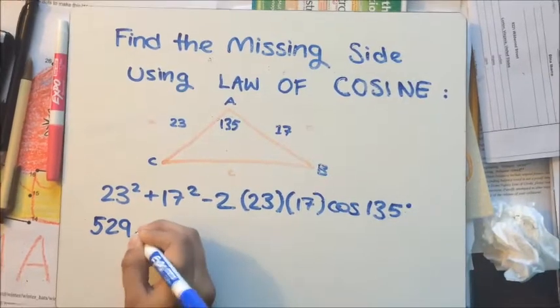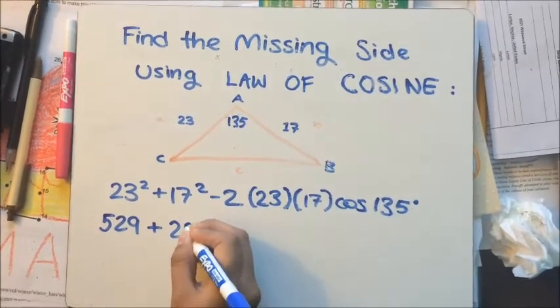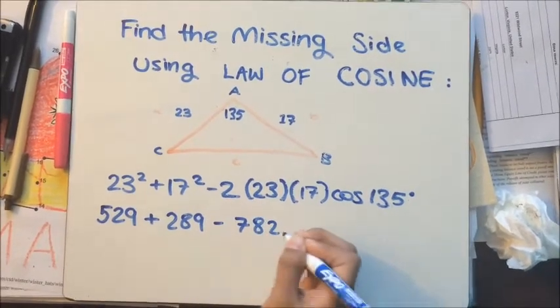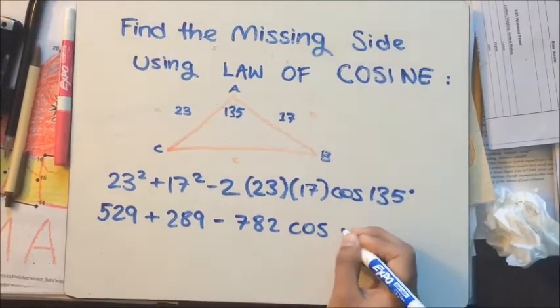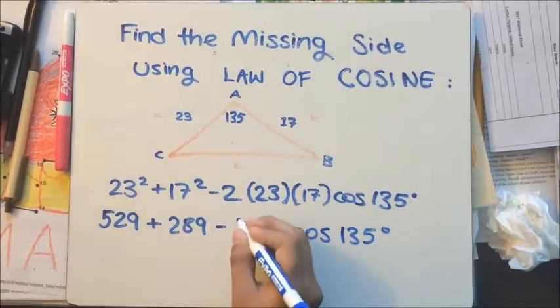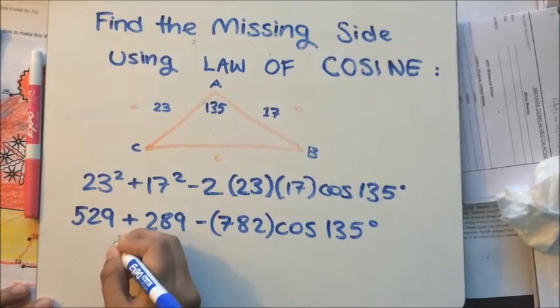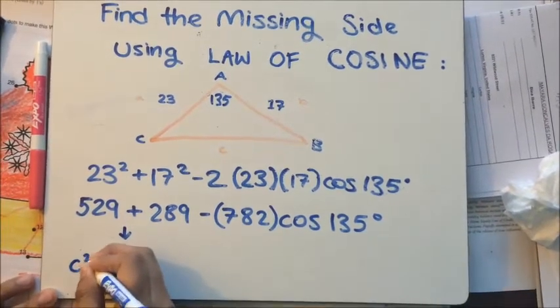Then you plug in the following numbers. 529 plus 289 minus 782, which you then multiply by cosine of 135. Then you put everything together.